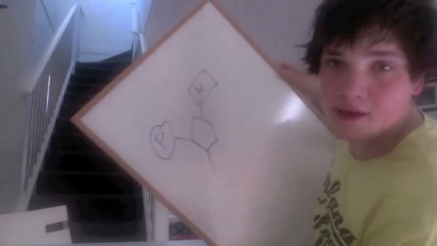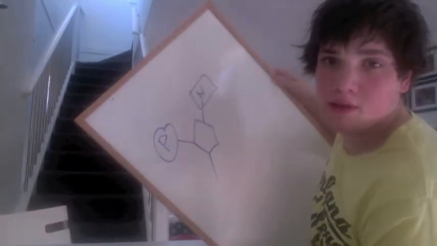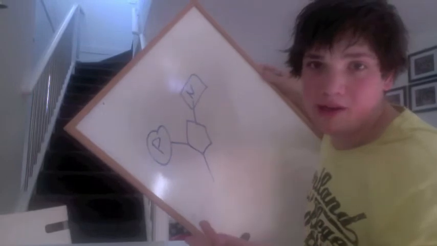So basically, what DNA is made up of is a phosphate group, a deoxyribose sugar, and a nitrogen base, which can either be adenine, thymine, cytosine, or guanine. Adenine pairs with thymine, cytosine pairs with guanine.